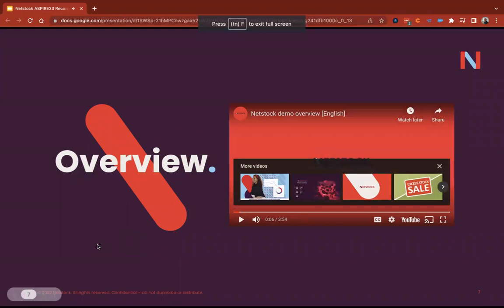Okay, so that's the overview. And really, they spoke a little bit at the end there around the challenges. The main focus of Netstock as a business when we started was to bring the technology that is available to bigger businesses to the small and medium-sized business. And this application is purpose-built to help customers automate the planning and teach them how to plan better.